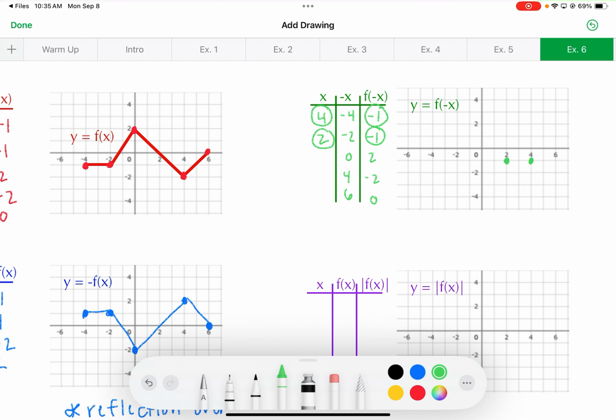If I would like negative x to be 0, then x can still be 0. So I plot 0, 2. If I would like negative x to be 4, then that means x has to be negative 4. I would plot negative 4, negative 2.